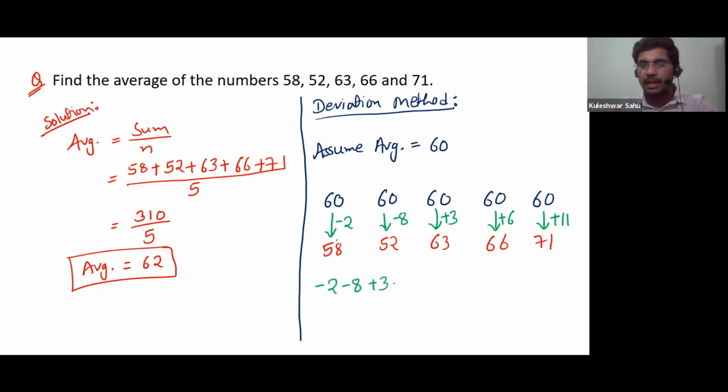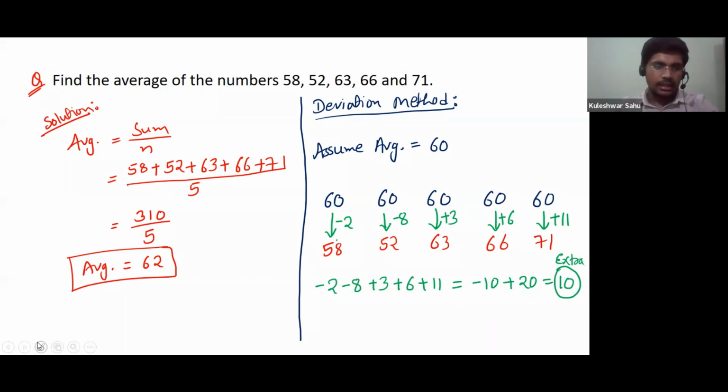Minus 2, minus 8, plus 3, plus 6, plus 11. That is going to give us minus 10 plus 20. 20 minus 10 is 10. Now this 10 that we can see over here is the extra that we have got after distributing 60 equally among all the 5 members.